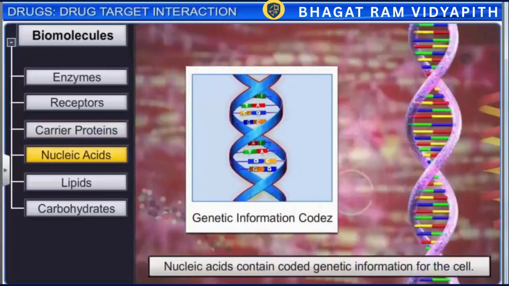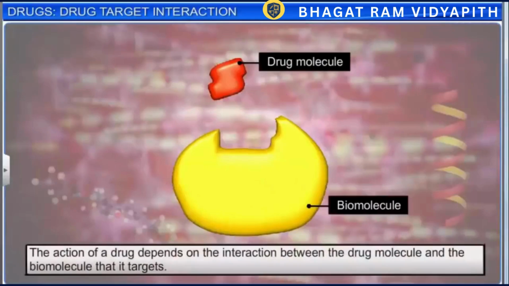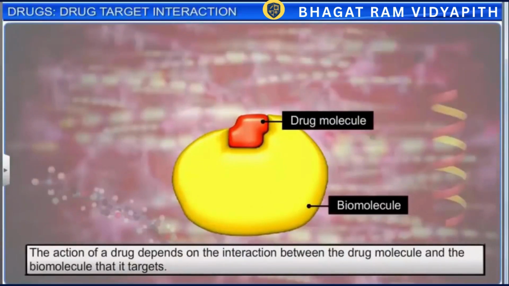Nucleic acids contain coded genetic information for the cell. Lipids and carbohydrates form the structural part of the cell membrane. The action of a drug depends on the interaction between the drug molecule and the biomolecule that it targets.